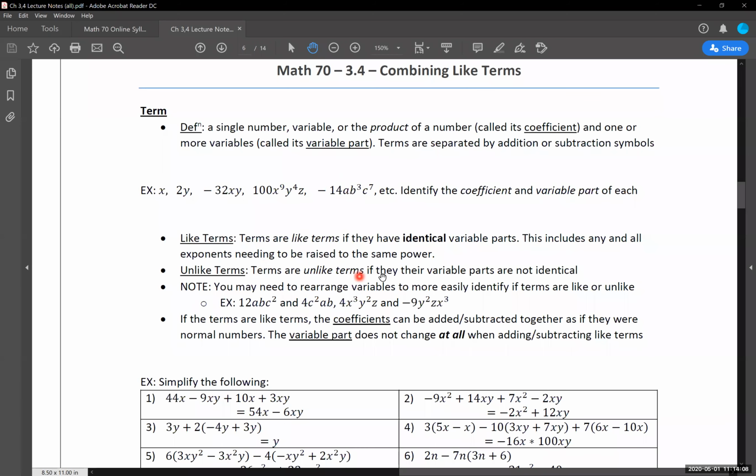Terms are unlike if their variable parts are not identical in even the slightest way possible. Like terms are extraordinarily picky. It is all or nothing. Either everything is the exact same and therefore they're like terms, or not everything is the exact same, which makes them unlike terms, which means you can't do a lot of the stuff that we're going to be doing down here with them.